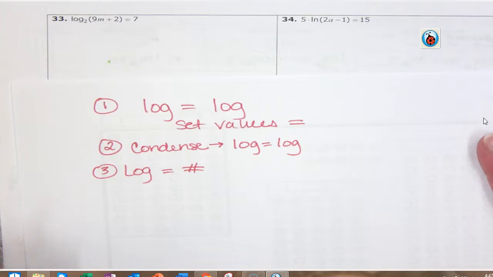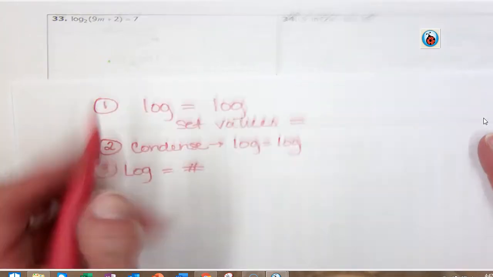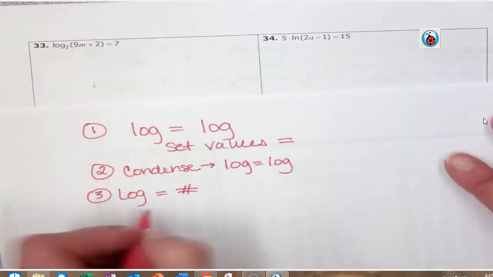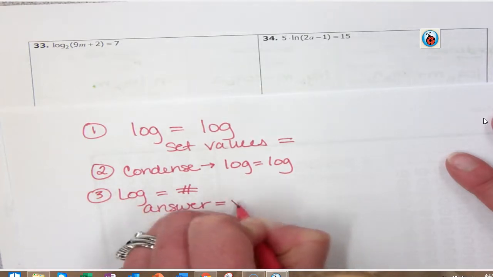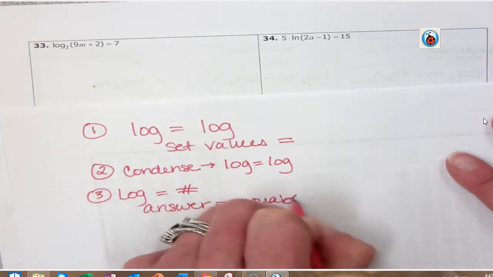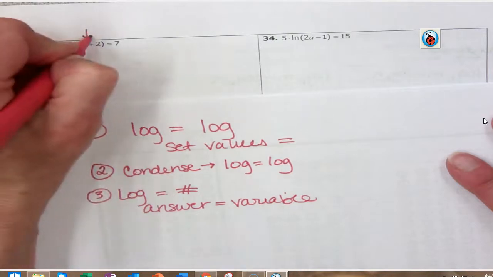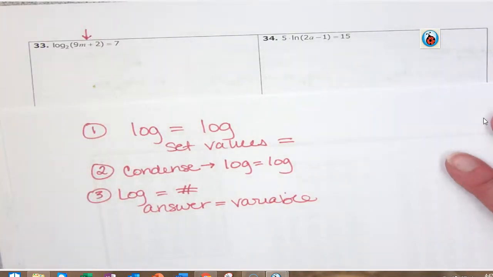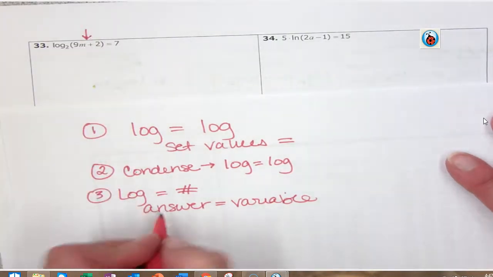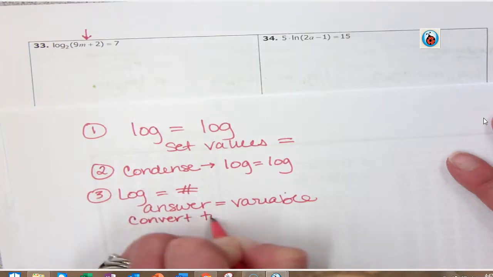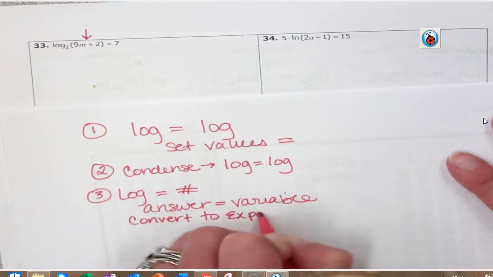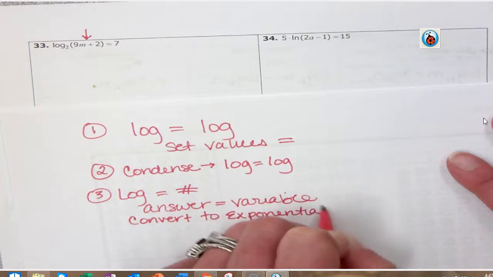So when I have this, when the answer is the variable, and when I mean the answer, I mean that term right there, then you need to convert to an exponential equation.